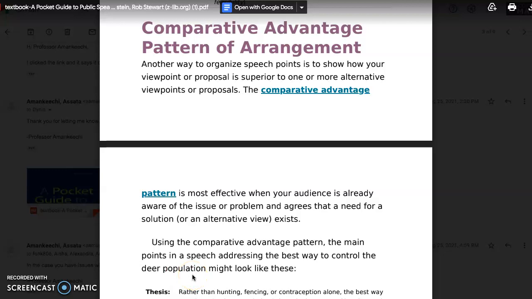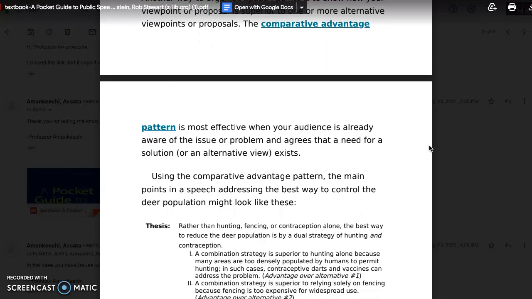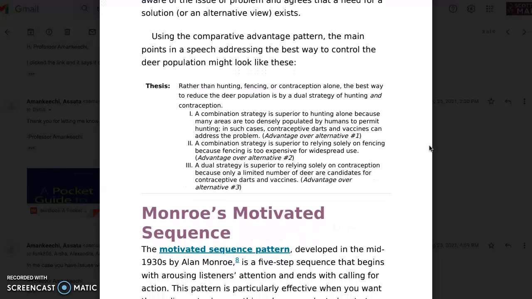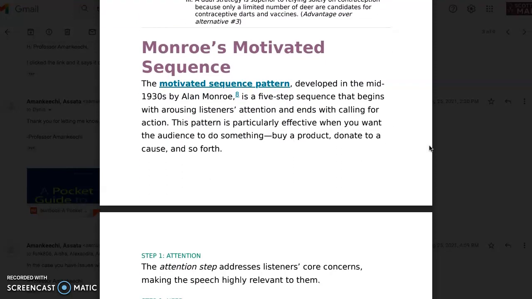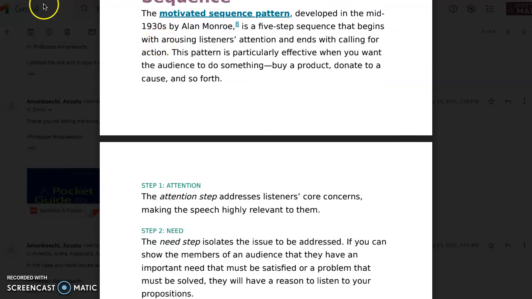Normally, this speech pattern is used when there's a problem that your audience is aware of, and there are a number of different solutions. However, you're giving what you believe to be the best solution. In this case, this will be a great time to use the comparative advantage pattern. And again, right under it, it tells you more about this particular pattern and how to write it.